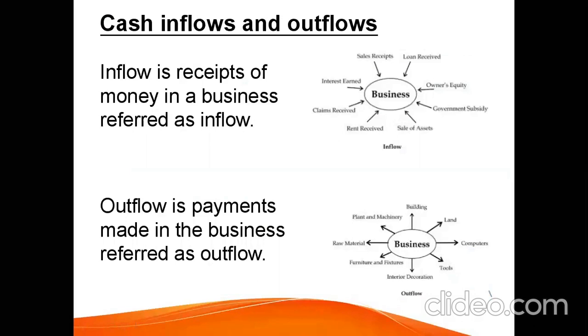Now, cash inflows and cash outflows are maintained in the cash register. Inflow is a receipt of money in the business. That means the money is coming into the business. The main and very primary inflow of any business is sales. The primary activity of any business is selling, and by sales, money is always flowing into the business.